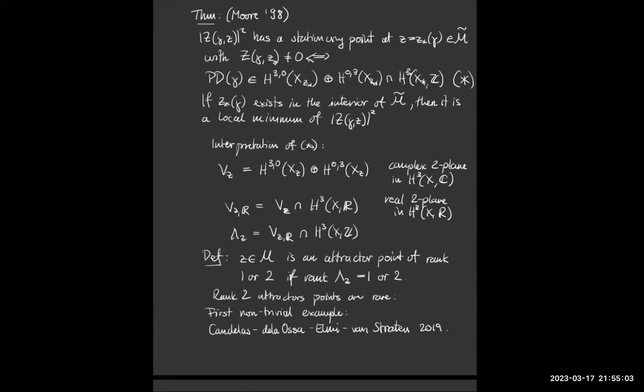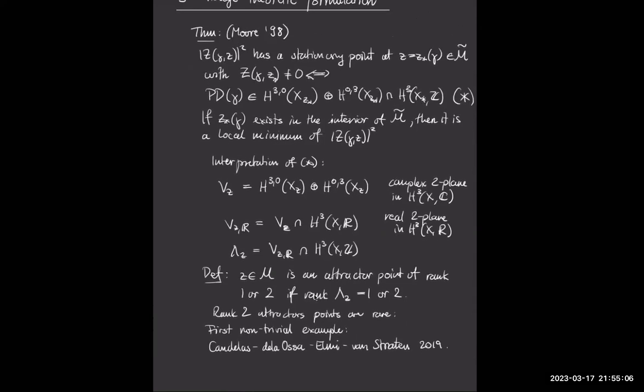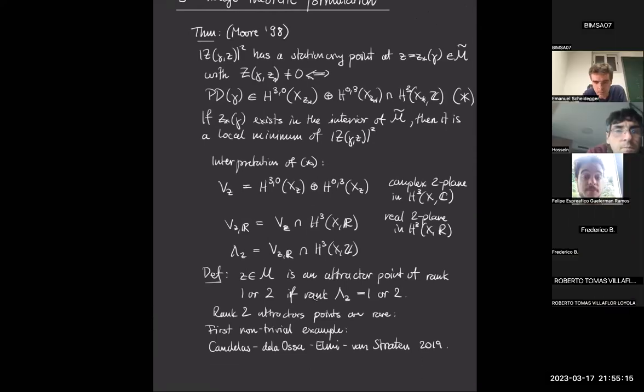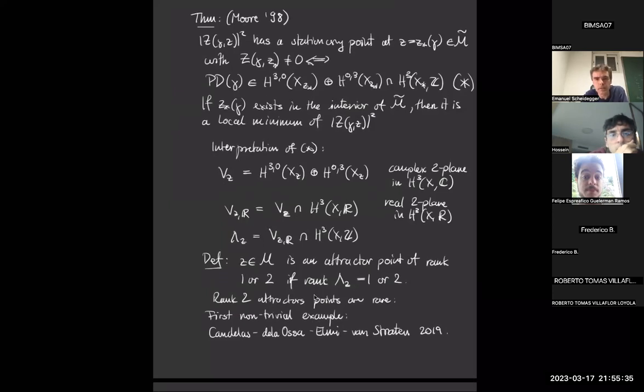There's another way of looking at the equation star, which is by writing down explicitly the equations for the Poincaré dual of this cycle to be in that lattice. And these turn out to be 2h^{2,1} plus 2 real equations for 2h^{2,1} plus 2 real variables. So in general, you really expect isolated points.